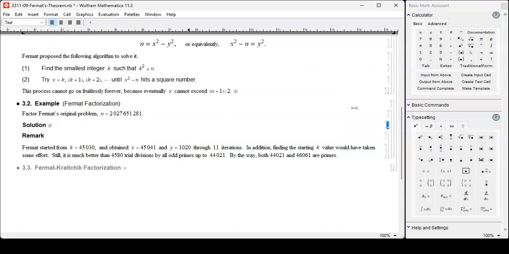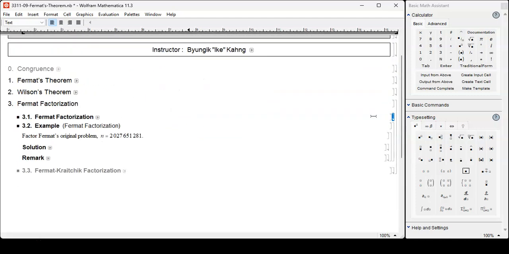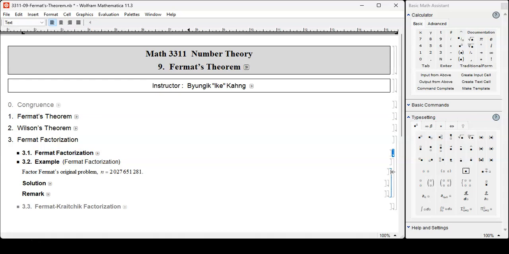In Fermat's time, this was a very neat, very special achievement.